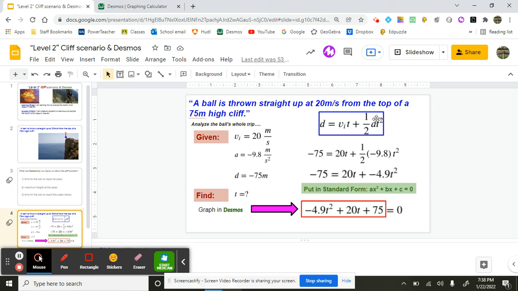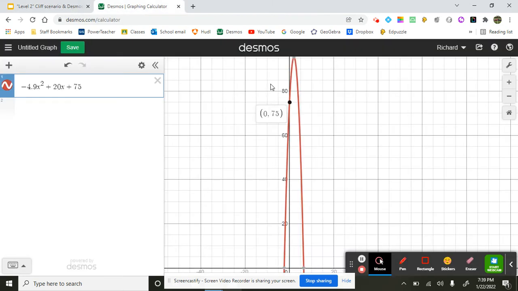So time is the independent variable, that's the x-axis, and displacement is the dependent variable, that's the y-axis. So this is basically a position-time graph for the ball's motion. Right here, the y-intercept at a time of 0 seconds: at the beginning of the problem, the ball is 75 meters high. It's at the top of the cliff.